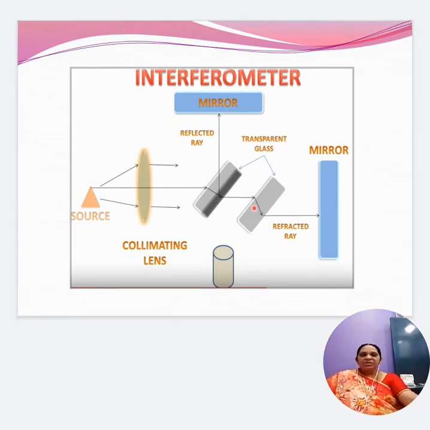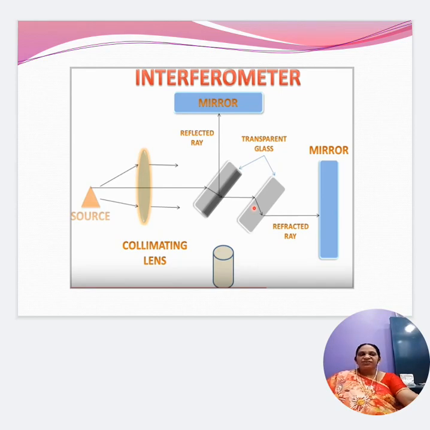So this is the basic diagram, or optical diagram, of your interferometer. You have the source, a light source that emits monochromatic radiation.